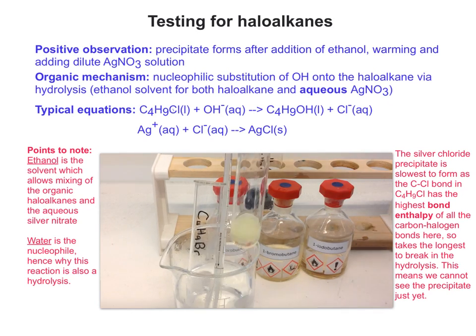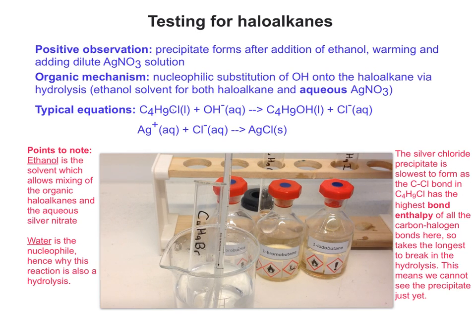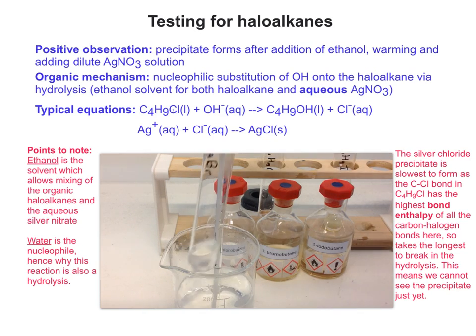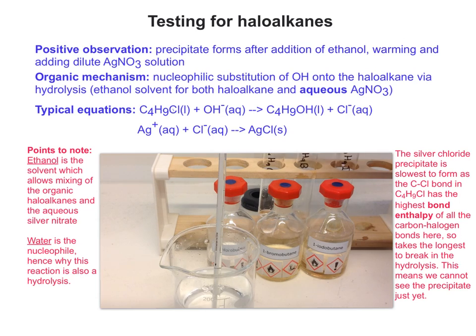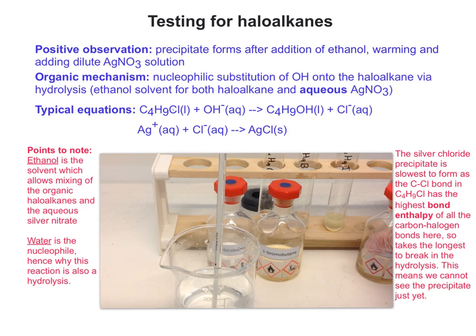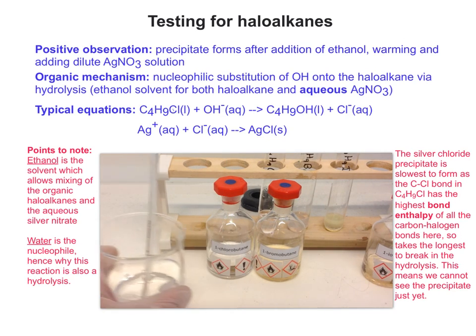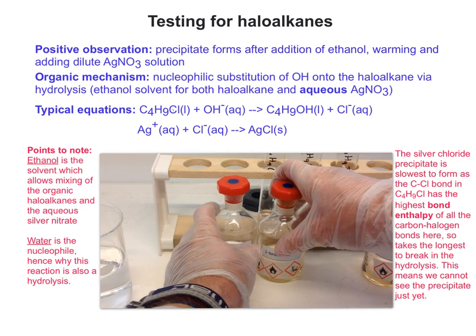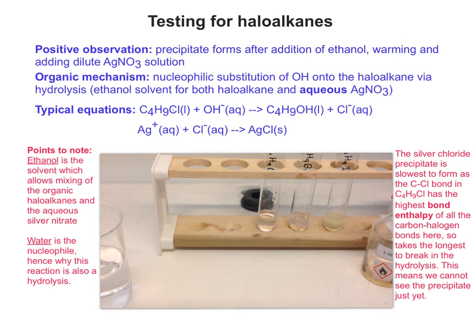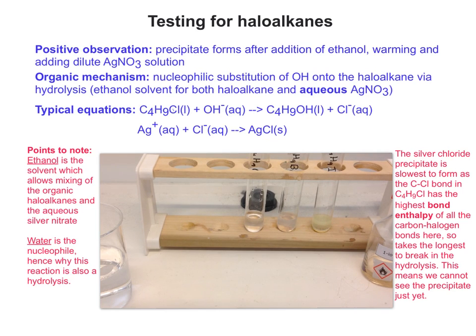The reason we can't see the silver chloride precipitate at this point is it's got the highest bond enthalpy of all the carbon halogen bonds here. So the other two, the carbon iodine and the carbon bromine bond, go more quickly because they have a lower bond enthalpy than the carbon chlorine bond.